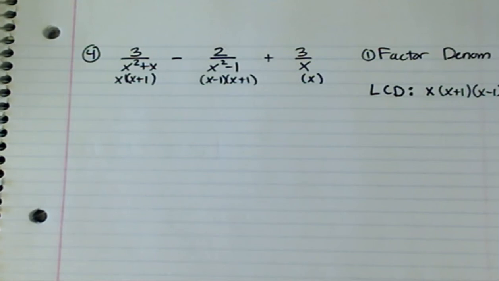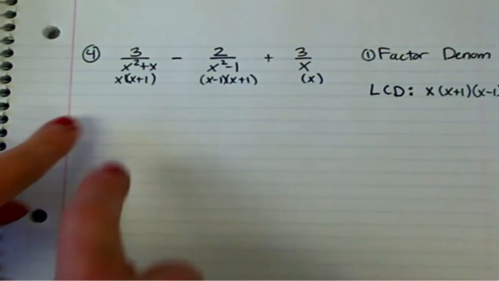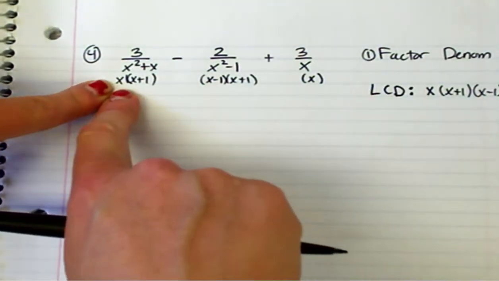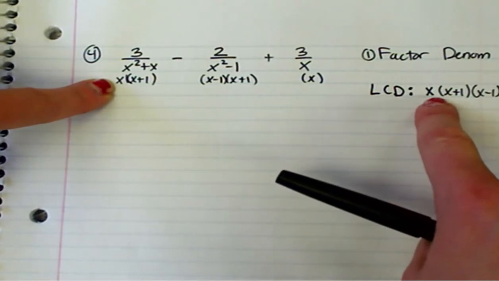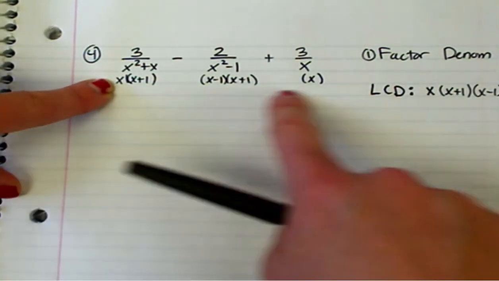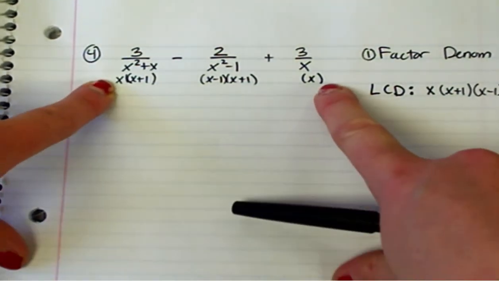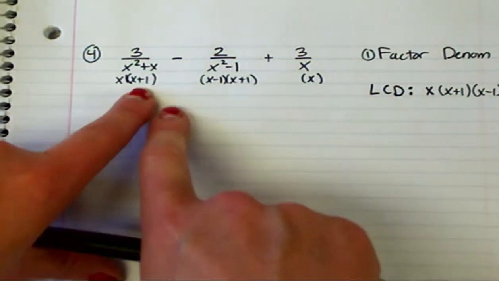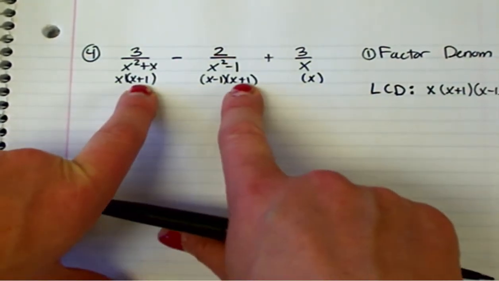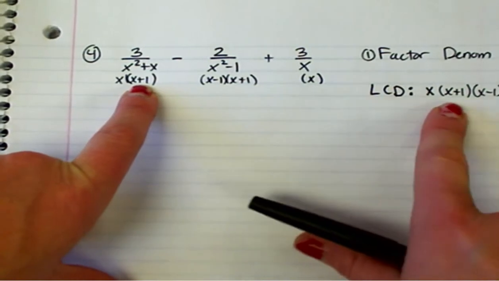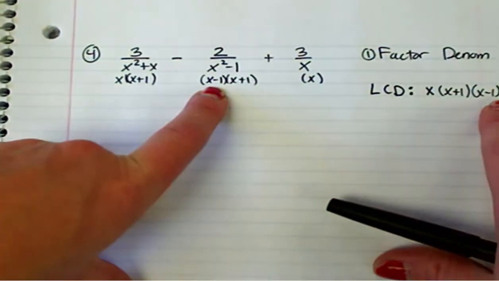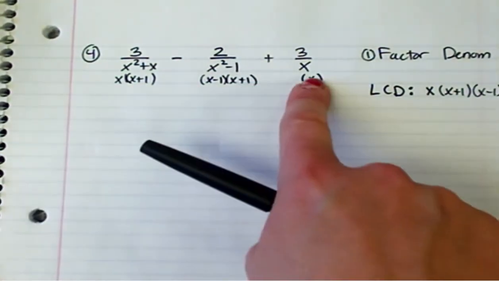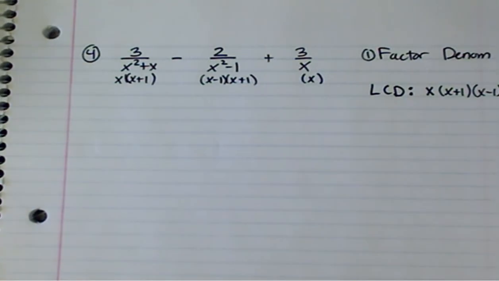So I'm looking across all of them, and I write my first factor down. I see it here, but it's common. Okay, x plus 1, it's common. x minus 1. Notice that I've already looked at x plus 1 and x. You don't write it down twice.